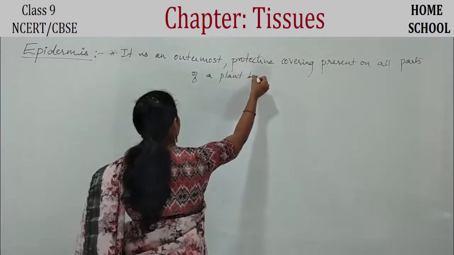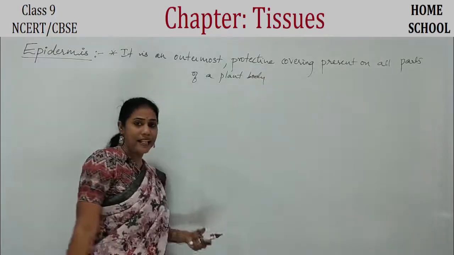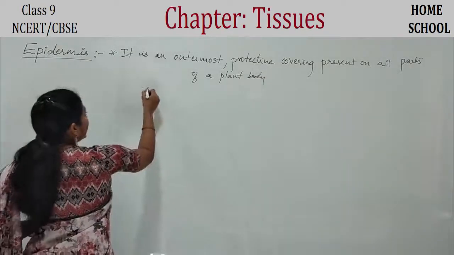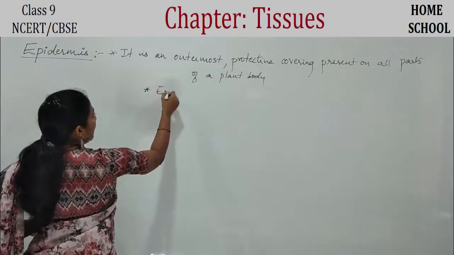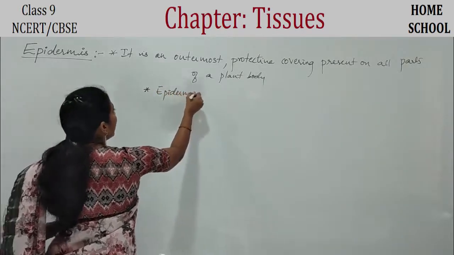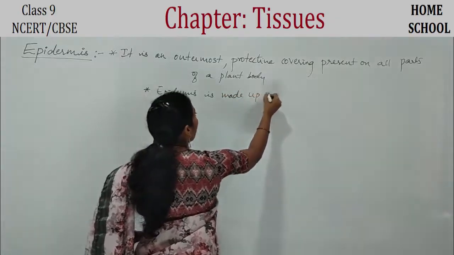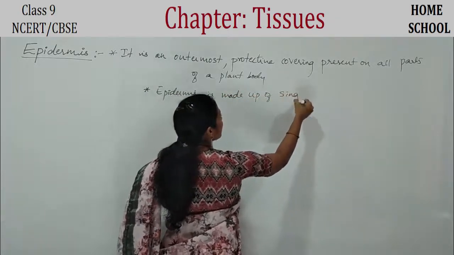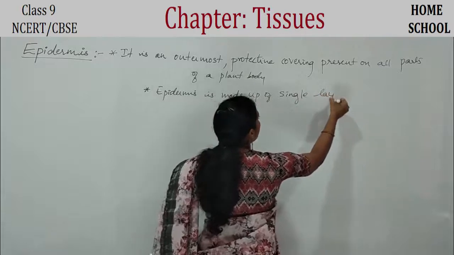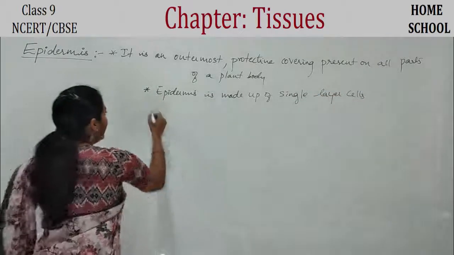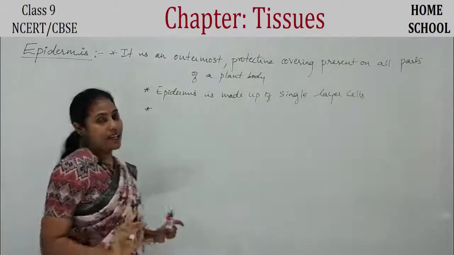It is present in roots, leaves, stem, branches, everywhere you will observe. Okay. And epidermis is made up of, right? Epidermis is made up of single layered cells. Single layer cells. Okay. And let us talk about the cells now.